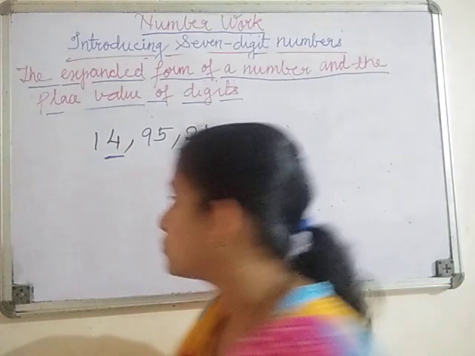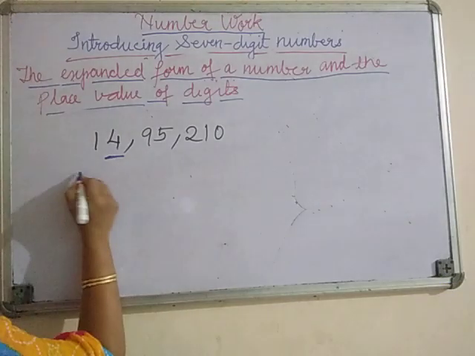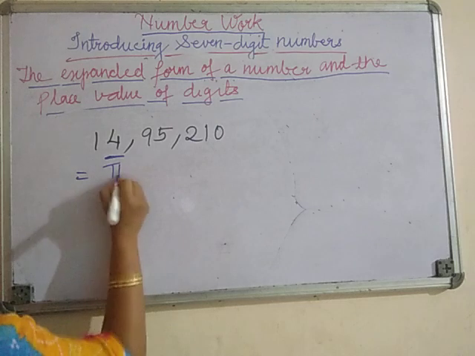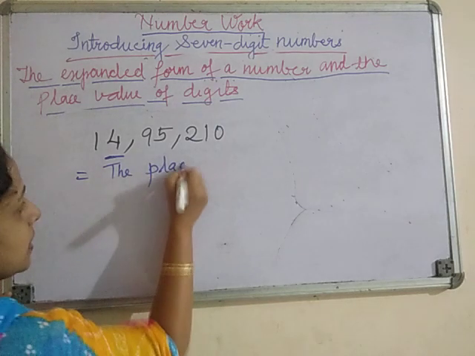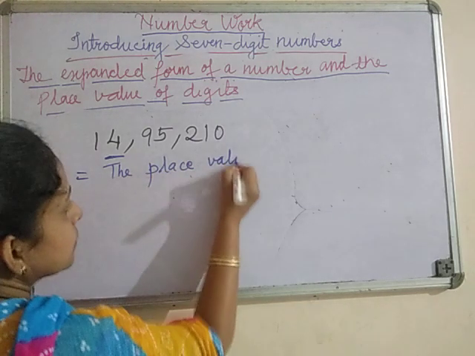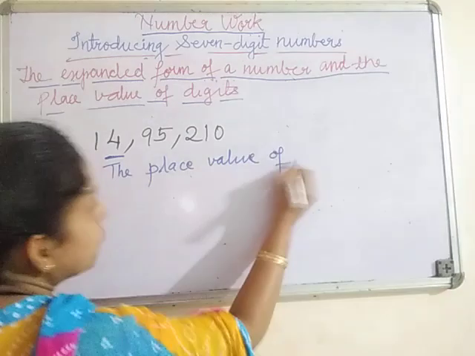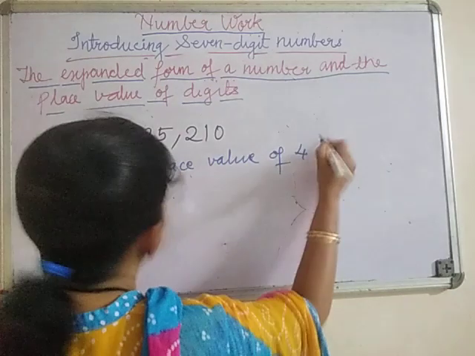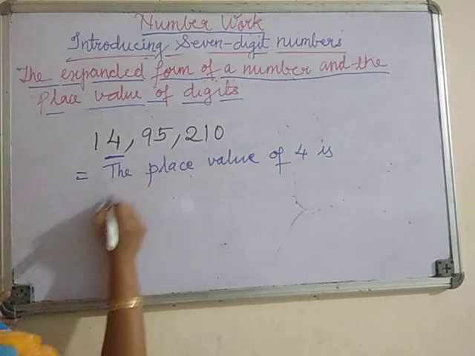So how are you supposed to write it here? You will write it as: the place value of 4 is 4 lakh. Okay, 4 lakh.